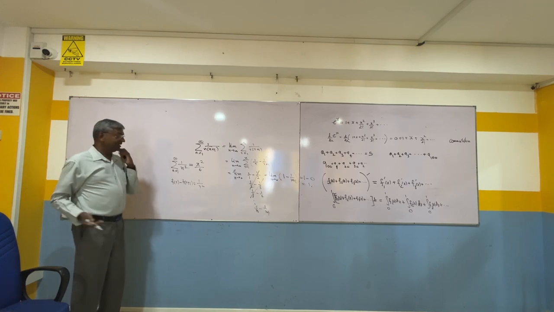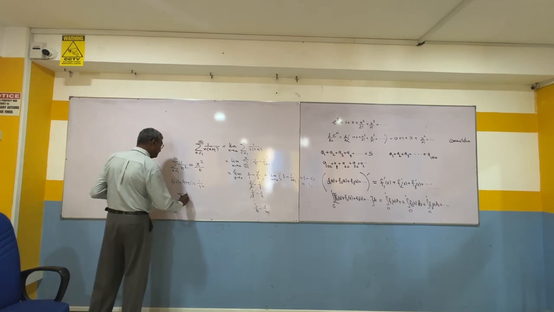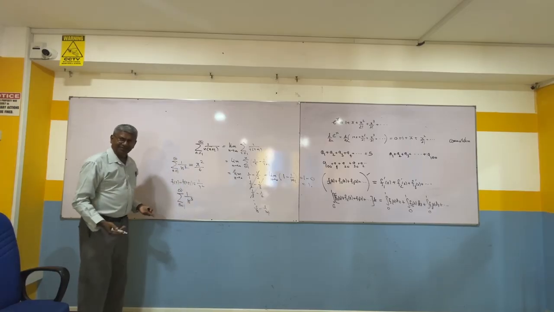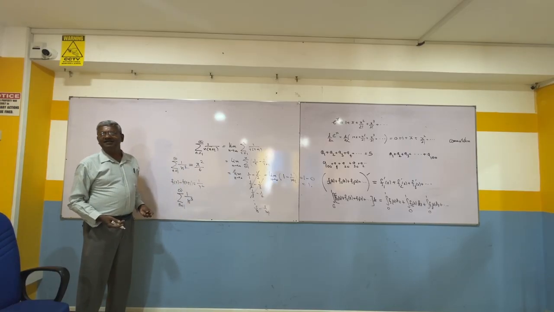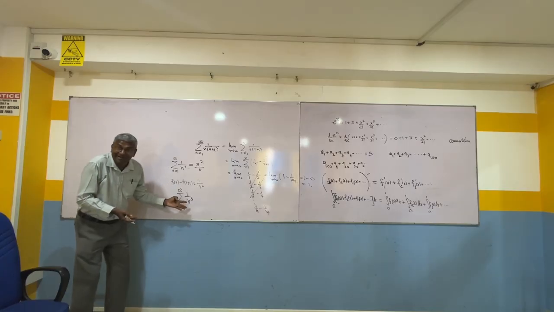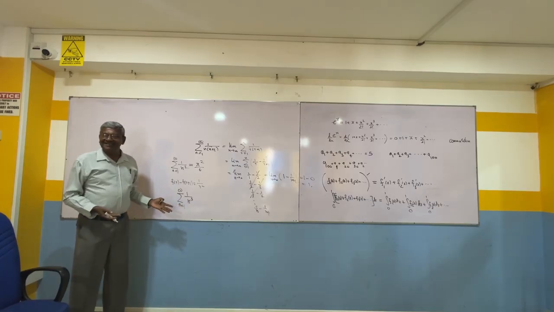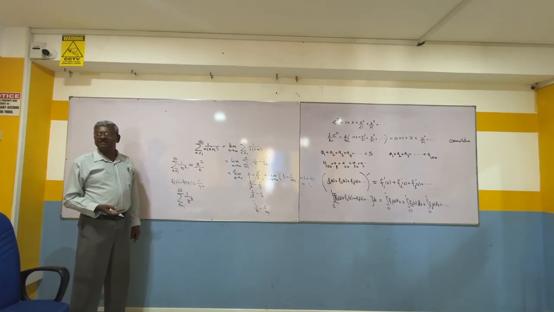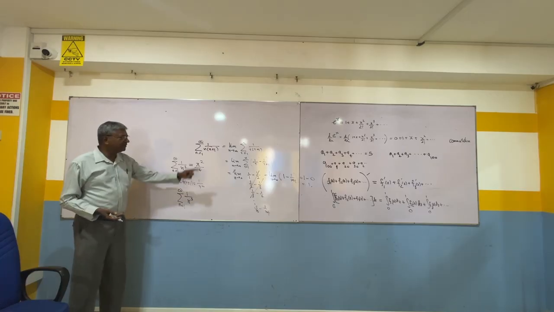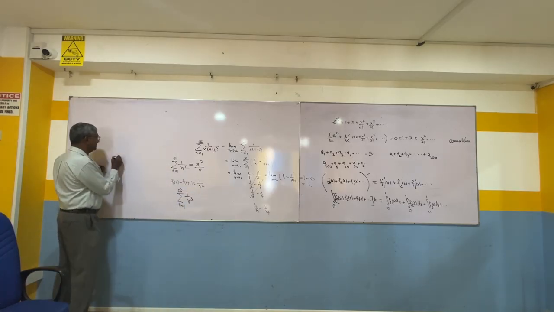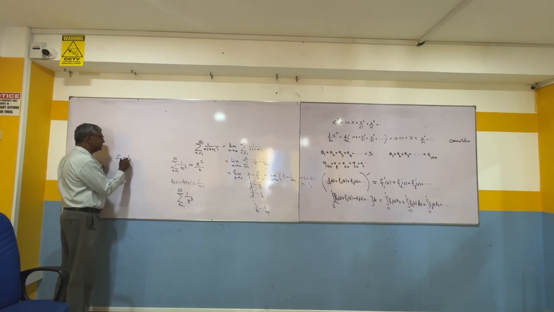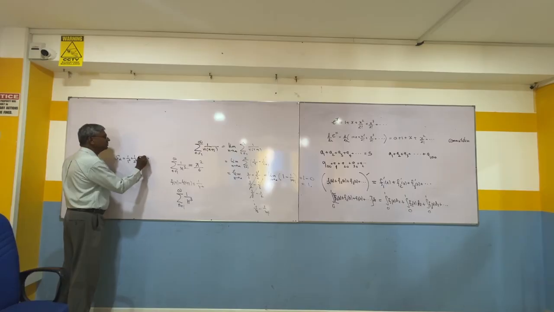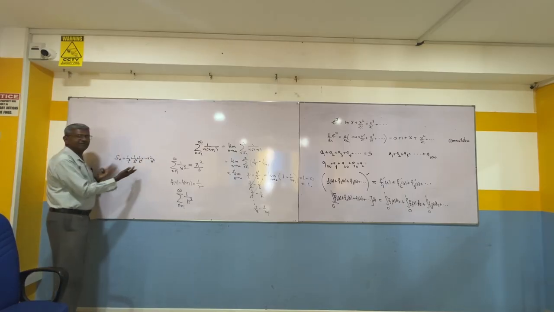And sigma 1 over n to the 5, you cannot do anything. Do I know the answer? No. Then you may wonder, you have a PhD and you don't even know this? Nobody in the world knows the answer to this. You cannot find Sn for this. It is 1 over 1 to the 5 plus 1 over 2 to the 5 plus 1 over 3 to the 5 and so on, and you cannot simplify this anymore.